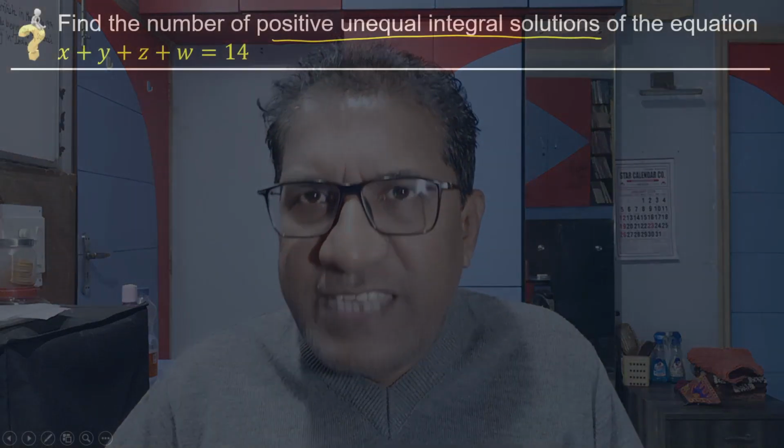Now it may so happen that your x and y are getting some objects which are equal in number. But in this problem, I want how many such positive solutions are there which are all unequal. That is, whatever amount x will receive, whatever amount y, z and w will receive, they are all different.